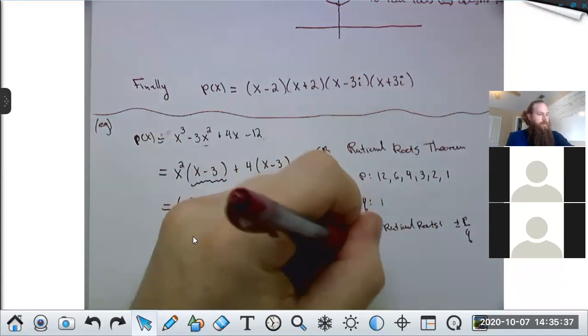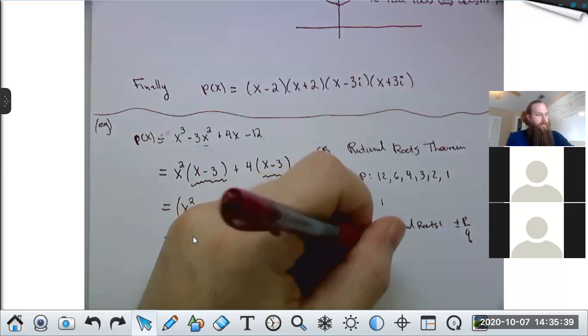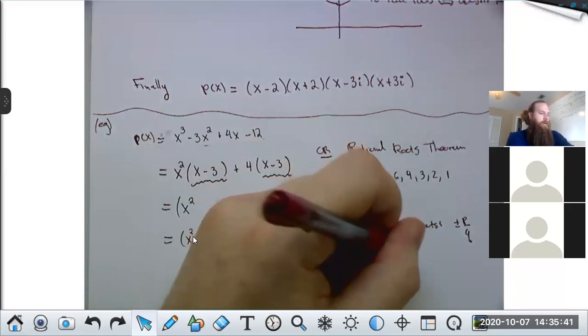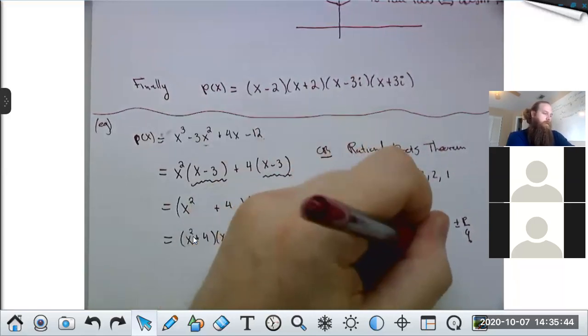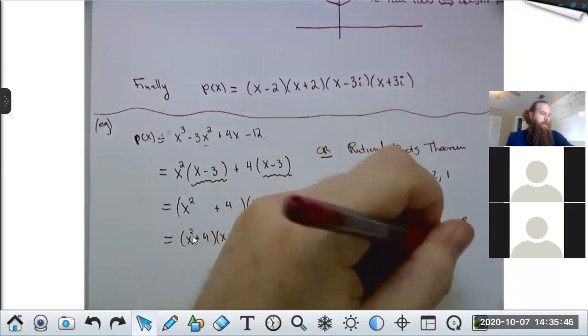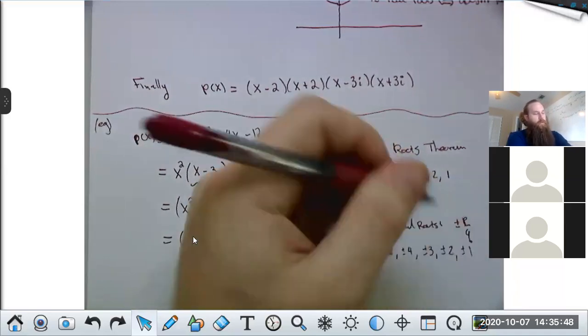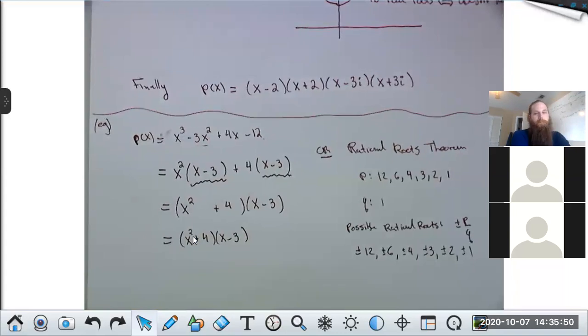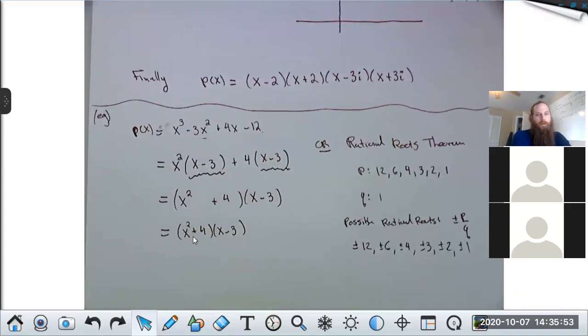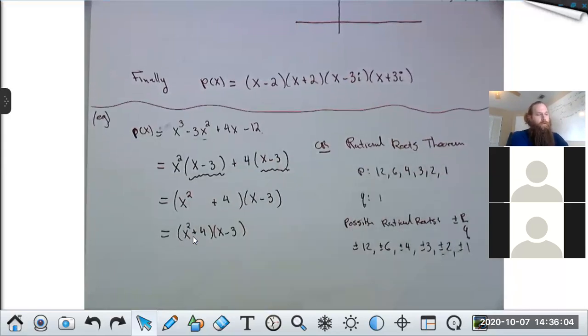So they are just plus and minus 12 over 1, plus minus 6 over 1, plus minus 4 over 1, plus minus 3 over 1, plus minus 2 over 1, and plus minus 1 over 1. If you didn't notice that this could be factored by grouping, and not every cubic can be, right? Many of them can't be. This would be the thing to do. And you would start checking things off this list one at a time using synthetic division.